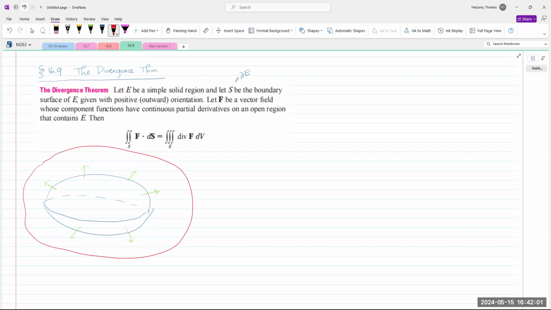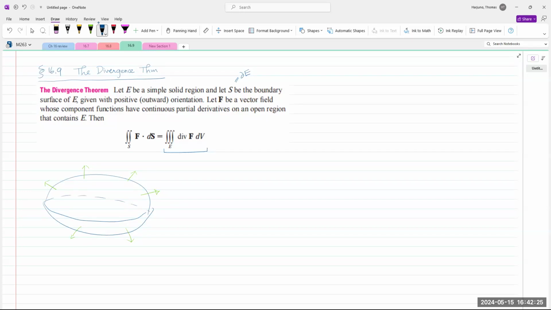Now, what this theorem says is that if we want to compute the triple integral of the divergence of F, that's the same as doing the double integral of the vector field itself, not the divergence, dot the directional surface.